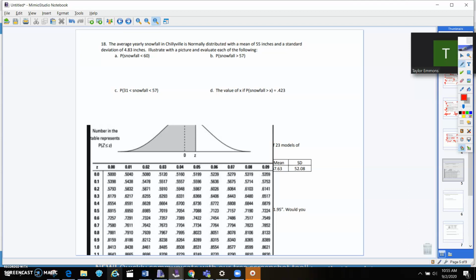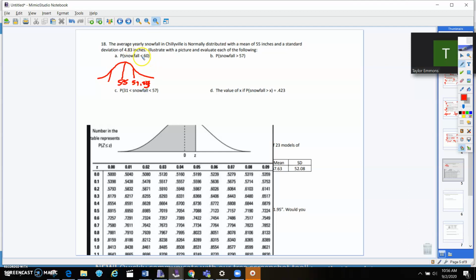All right, so first of all, we want to make sure when it's asking for a picture, it's talking about the little normal distribution graph. All right, cool. So we've got a mean of 55, and a standard deviation of 4.83. So we're going to take 55 and add 4.83, so this is going to be 59.83.